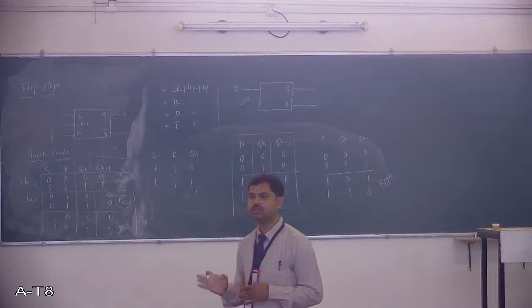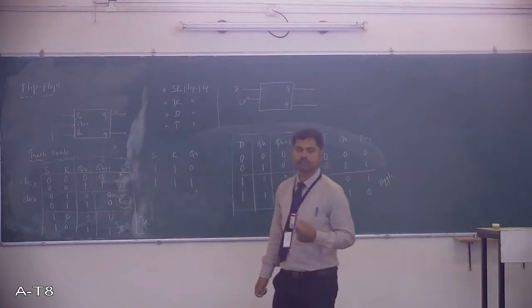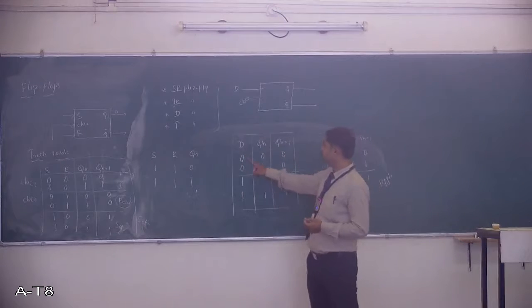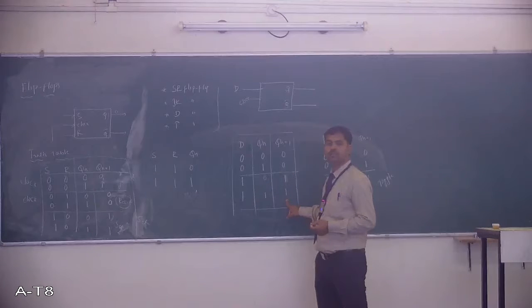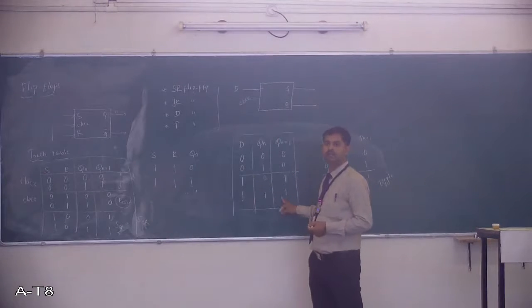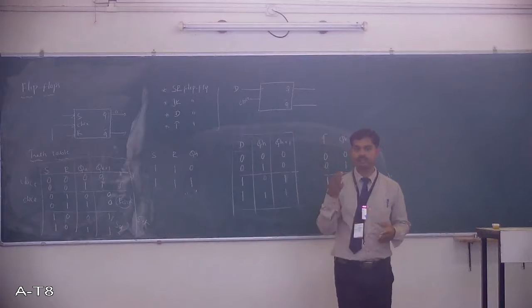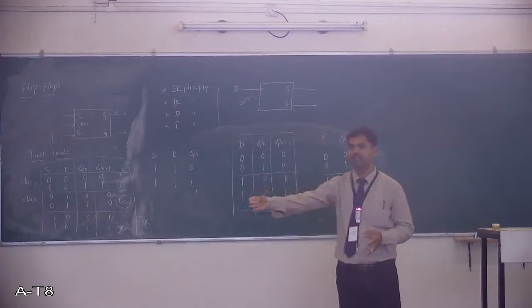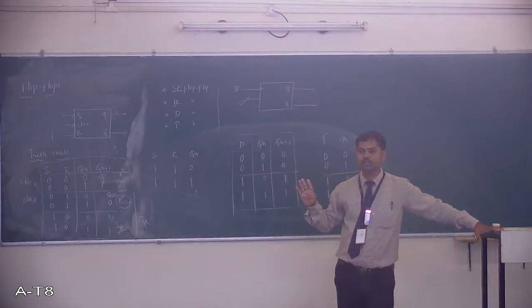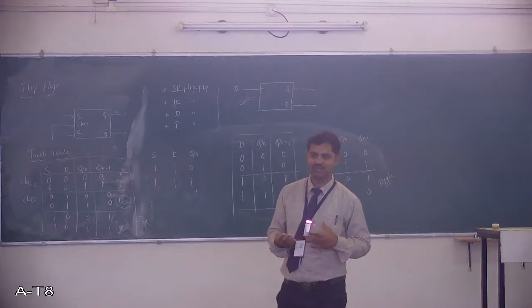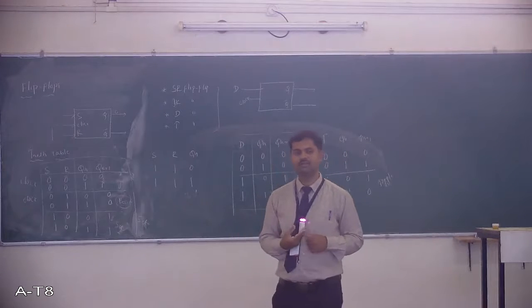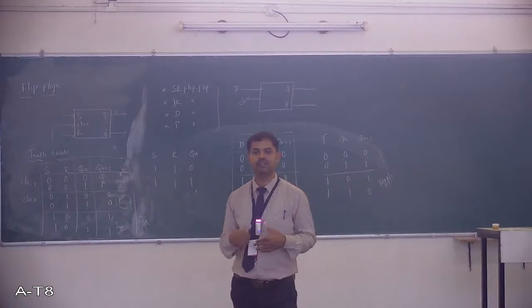Why? Because if you check the truth table, you will come to know that if D is 0, output is 0. If D is 1, output is 1. It means whatever may be the status of input D, the same will reflect at the output. So this is a transparent flip-flop. If it is transparent, what's the use? You may ask, but there are some cases where you need such kind of flip-flops.